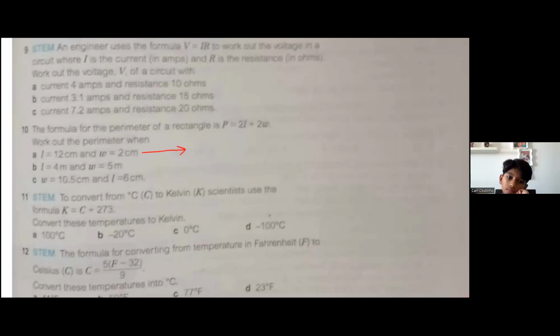Tell me the answer for the first one. 28 centimeters. Yes, that's correct.